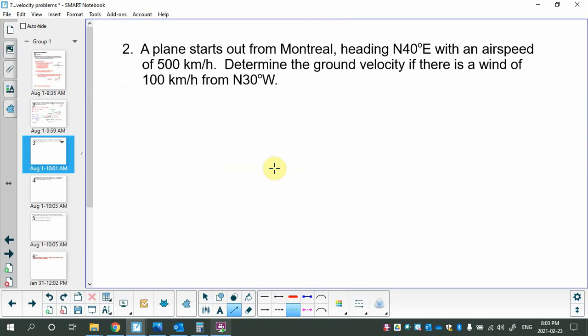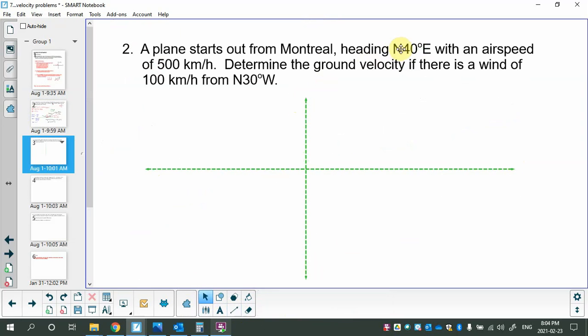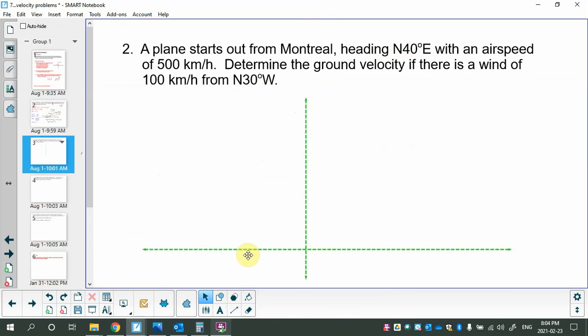Okay, so keep in the back of your mind, air plus wind equals ground. So if I read through this question, north is up, so I'm going to leave it there. The plane starts out from Montreal, heading north 40 degrees east.